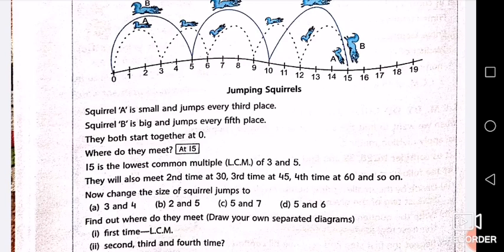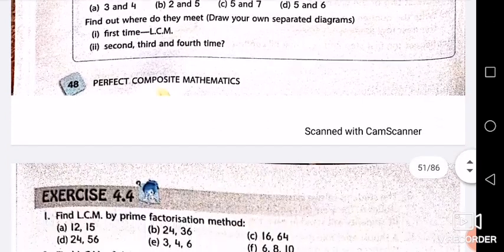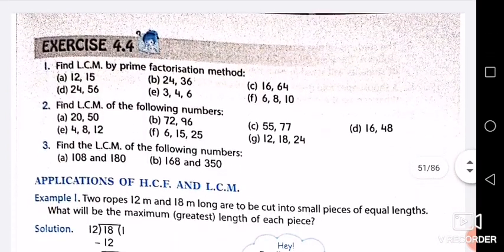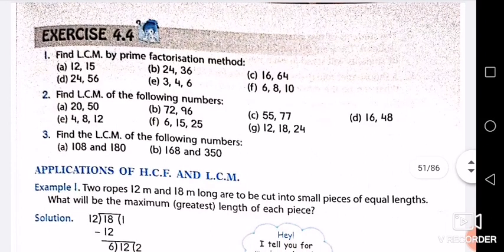Now next thing is our exercise 4.4, which we have already started yesterday. Now question number 1 is find LCM by prime factorization method. Now we will start with this question 1 only.